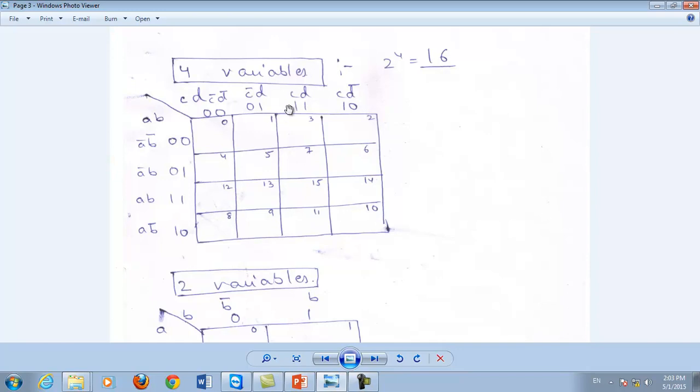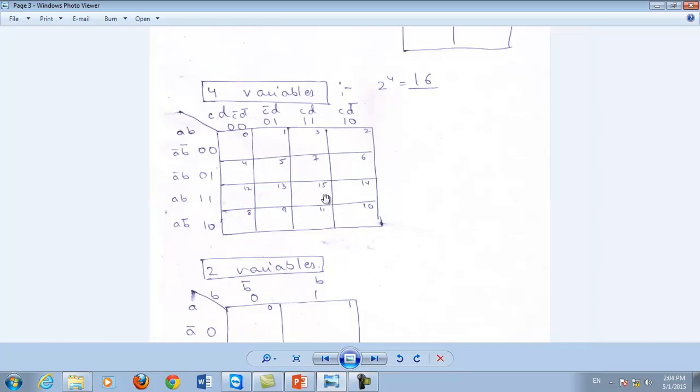Here you can see the third column is swapped with the fourth one, because the normal sequence would be 0 1 2 3, but instead of that sequence we take 0 1 3 2. It means the third column will be swapped with the fourth column. Similarly, the third row will be swapped with the fourth one in case of the K-map, and the method of swapping remains the same.